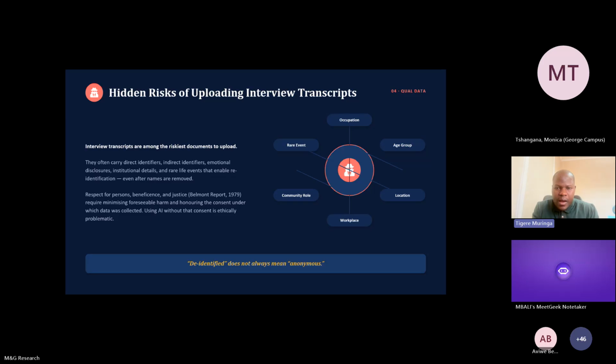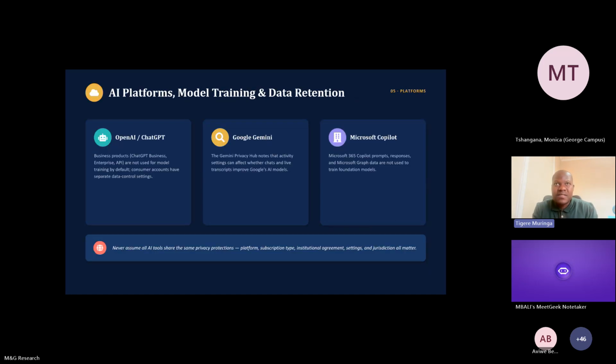So researchers must understand platform-specific data policies when using AI tools. It is imperative for every researcher to understand the terms and conditions of each AI platform before they begin to use it. It's very important.